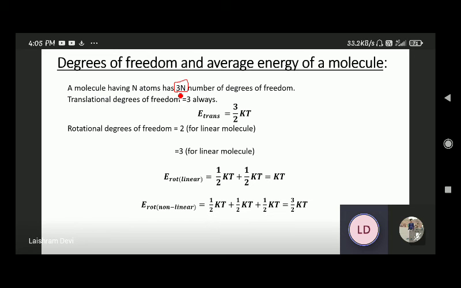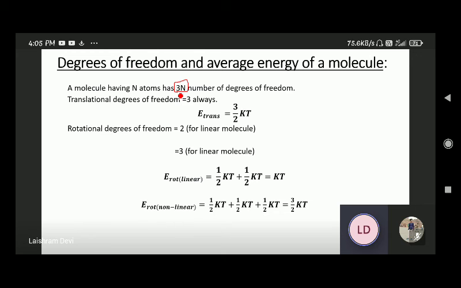If we consider a diatomic gas, for example H2 gas, O2 gas, they will always have a linear structure and it will have 3 into 2, that is 6 degrees of freedom. Similarly, for a triatomic gas, it will have 3 3s are 9 degrees of freedom.